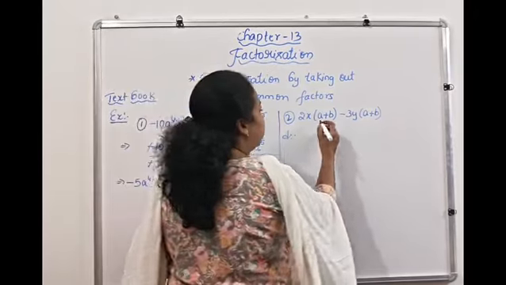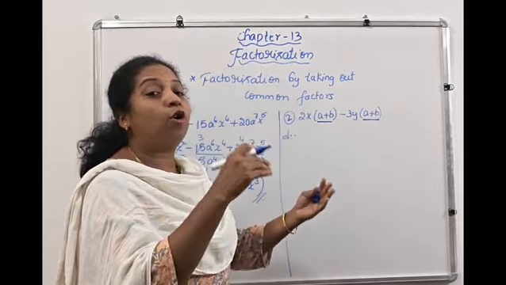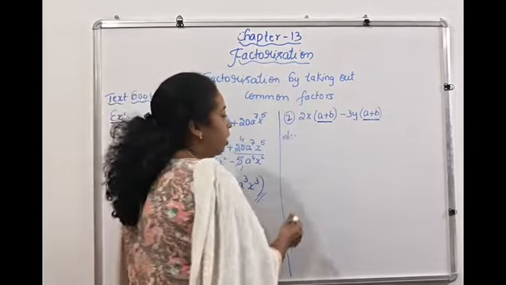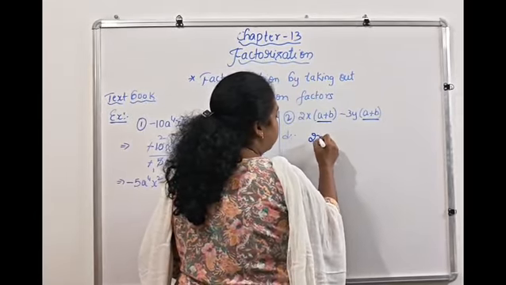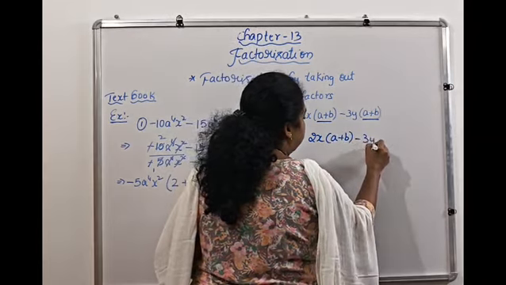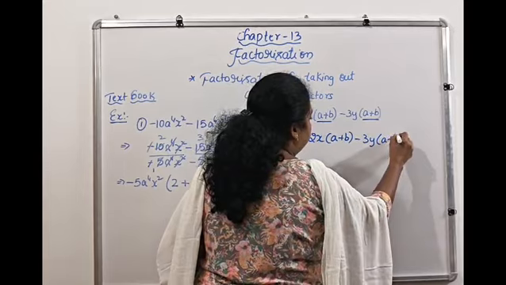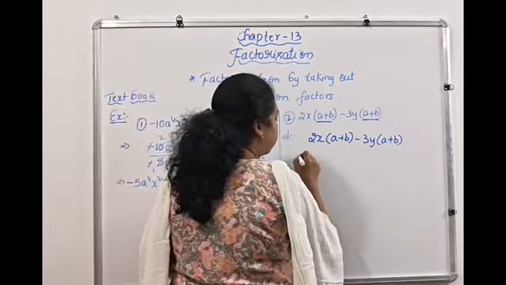Yes, obviously. a plus b is the common. If we take out a plus b as a common, first we'll write the same expression: 2x(a plus b) minus 3y(a plus b). Take out a plus b as a common.